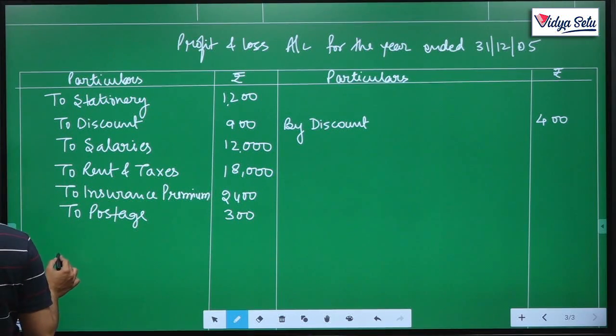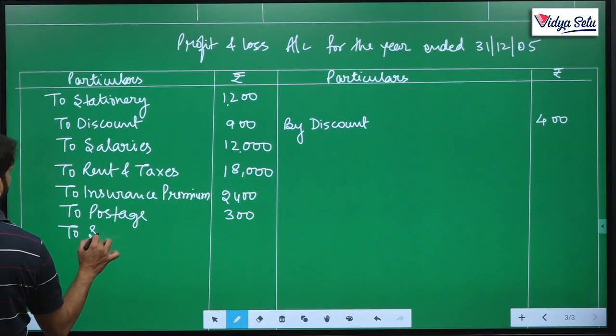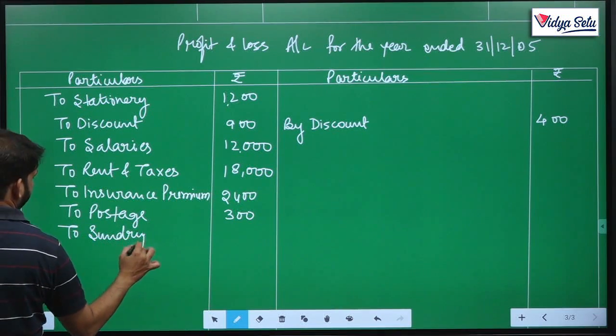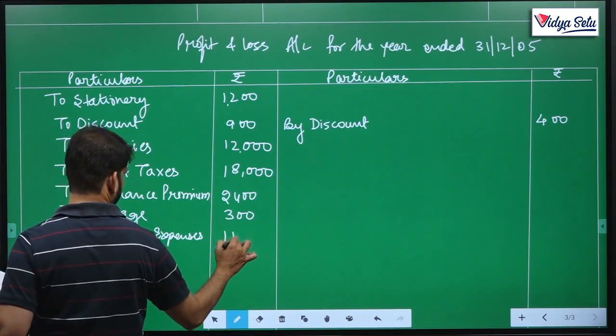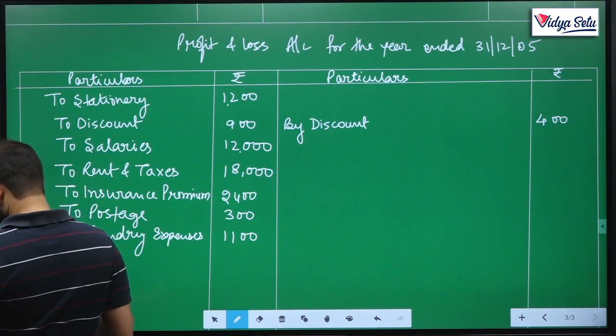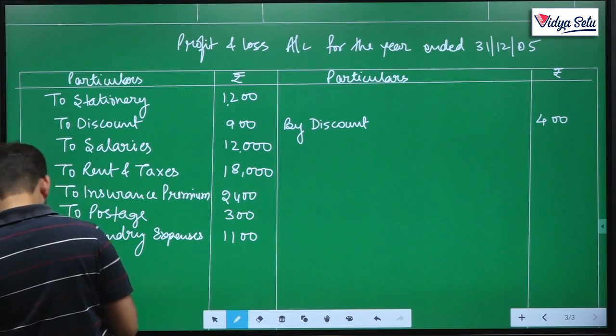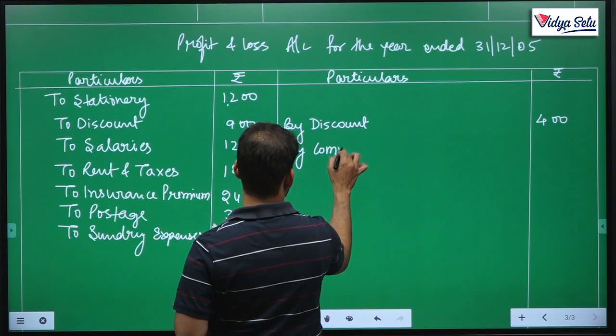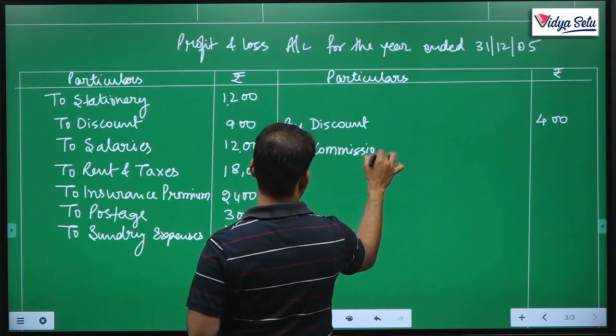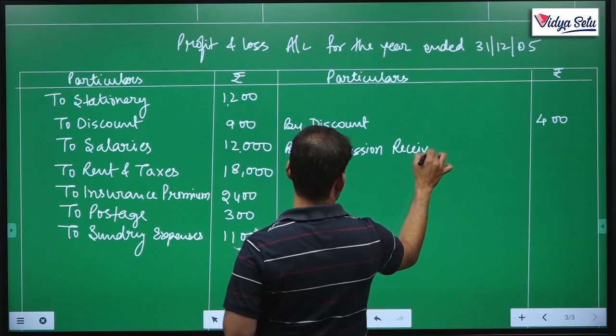We have postage 300. We have sundry expenses 1,100. We have commission received 3200.